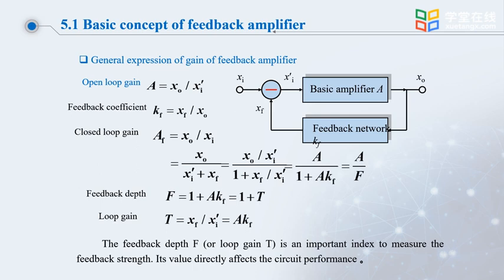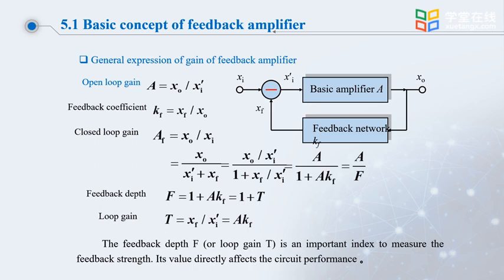Closed loop gain refers to the ratio of the output Xo of the entire system to the initial input Xi of the whole system. Because Xi' equals Xi minus XF, Xi equals the net input signal plus the feedback signal XF.